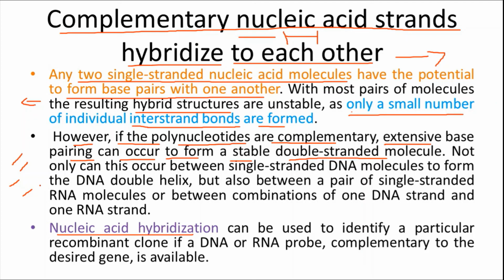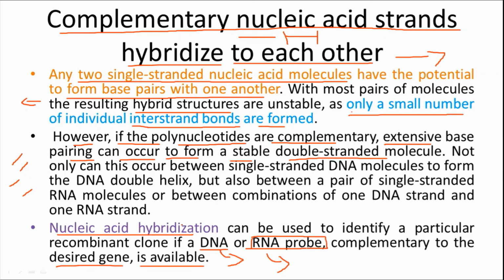So no worry whether we use a DNA probe or an RNA probe. Making a DNA probe is tougher compared to an RNA probe. We can use an RNA probe to easily identify the recombinant DNA if the desired gene is available in the membrane.